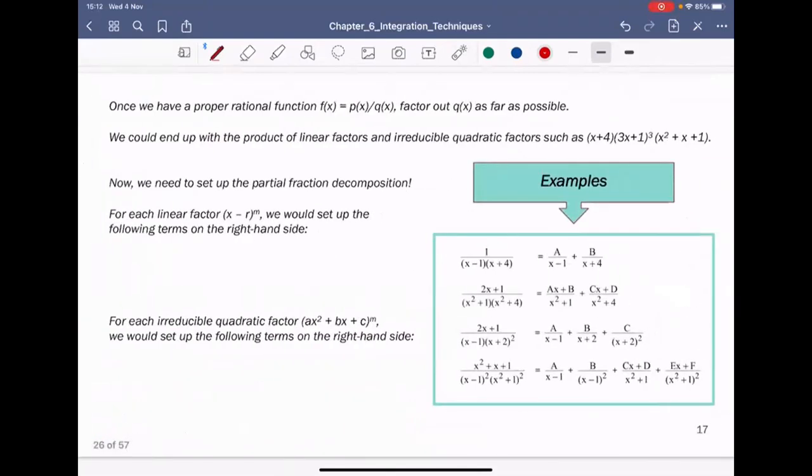So now let's talk about how you set up the partial fraction decomposition.